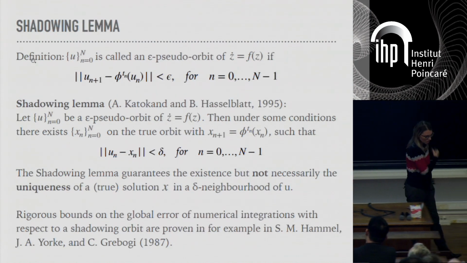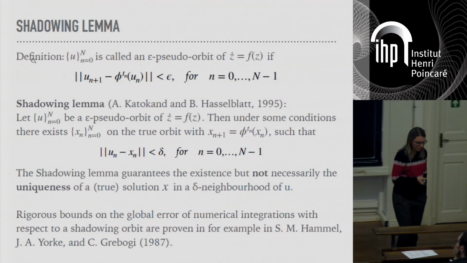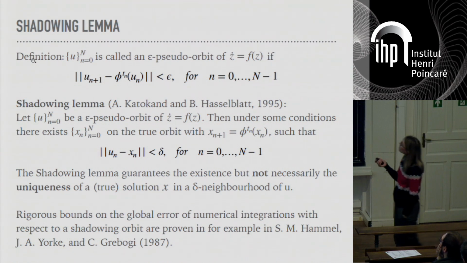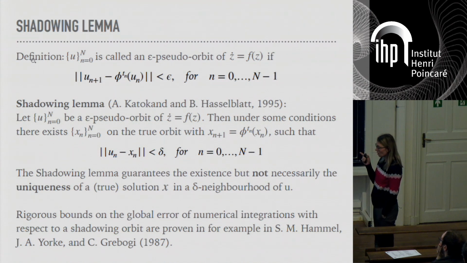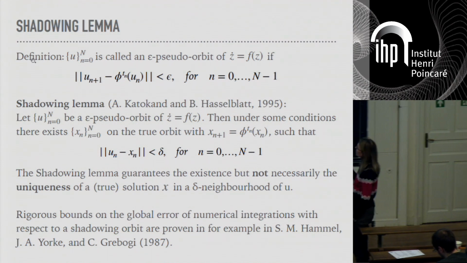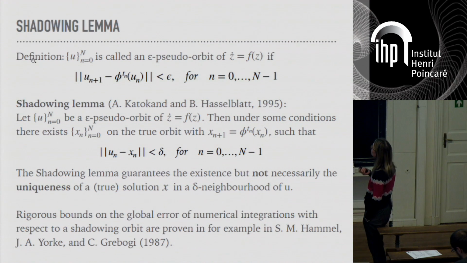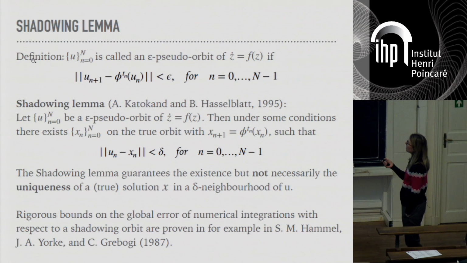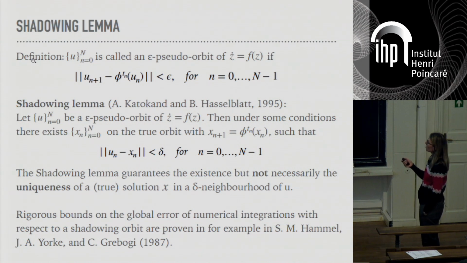So what the shadowing-based data assimilation is based on is the shadowing lemma. And the shadowing lemma is for nonlinear systems. So first I would like to introduce a definition of shadowing. So u from n equals 0 to capital N is called an epsilon pseudo-orbit of this dynamical system z dot equals f of z if the difference between u n plus 1 minus this mapping Tn at u n in some norm is less than epsilon.